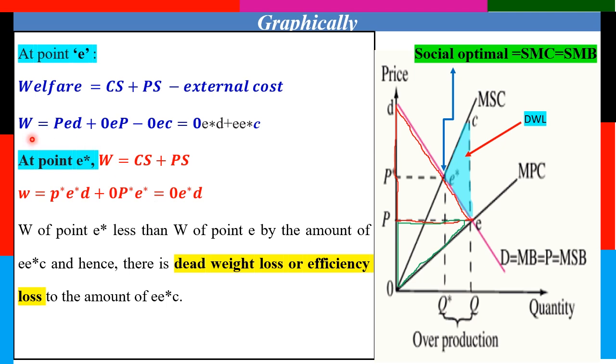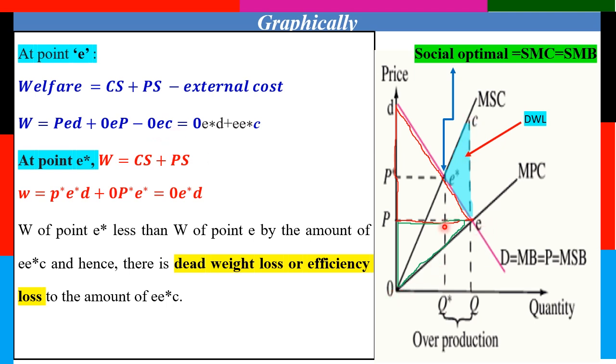Again, the welfare is equal to PED. That means consumer surplus plus OEP, where OEP is the producer surplus minus external cost. External cost is here, OEC.